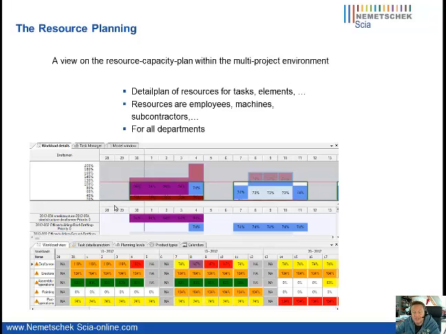Now, it's also possible to adjust this in order to have everything in a controllable environment, which means around 100% capacity usage. And of course, if you're not able to do it with your own resources, you're always able to add subcontractors to certain tasks or part of tasks.